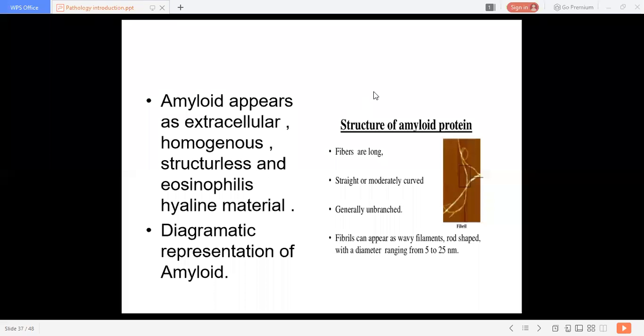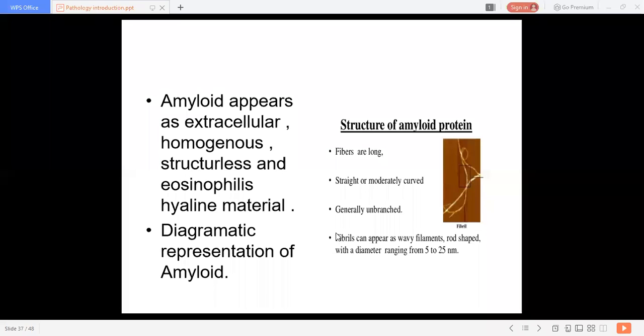The diameter of the fibril is 7.5 to 10 nanometer, and each filament of the fibril is composed of protofilaments. The diameter of each protofilament is 2.5 to 3.5 nanometer. So this is the structure of amyloid protein, cross beta-pleated protein.